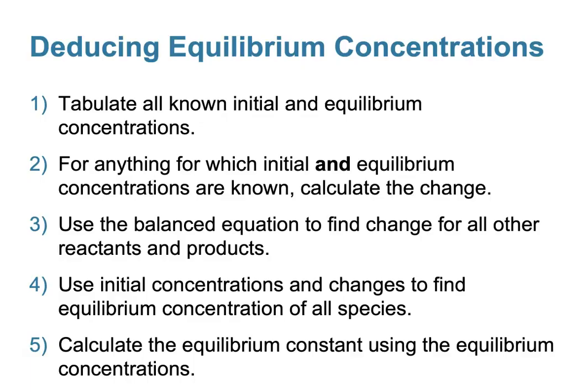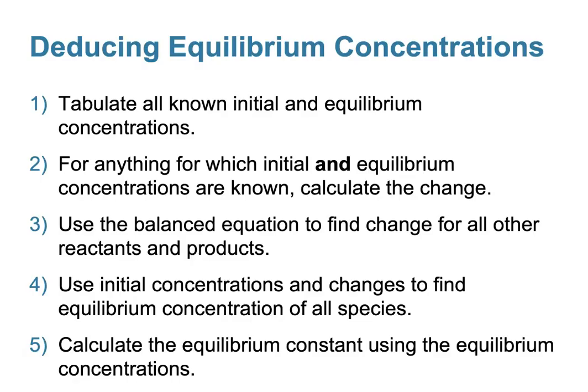So some rules for deducing equilibrium concentrations. One, you have to know all the initial and equilibrium concentrations. I talked about this the other day when I spoke about the RICE table: reaction, initial, change, equilibrium. For anything for which initial and equilibrium concentrations are known, you're going to calculate the change.